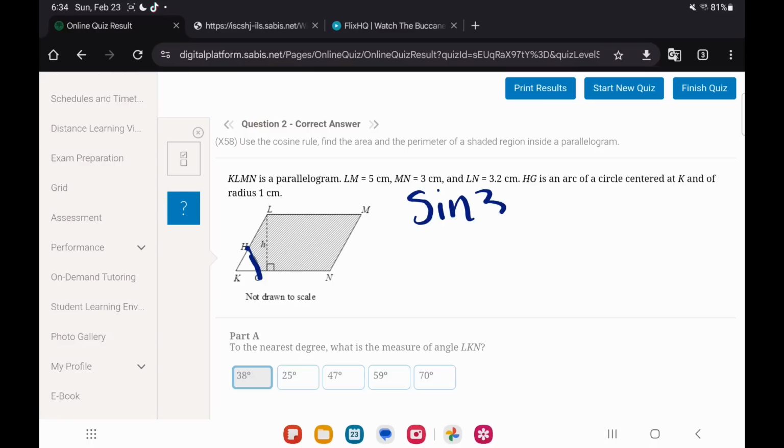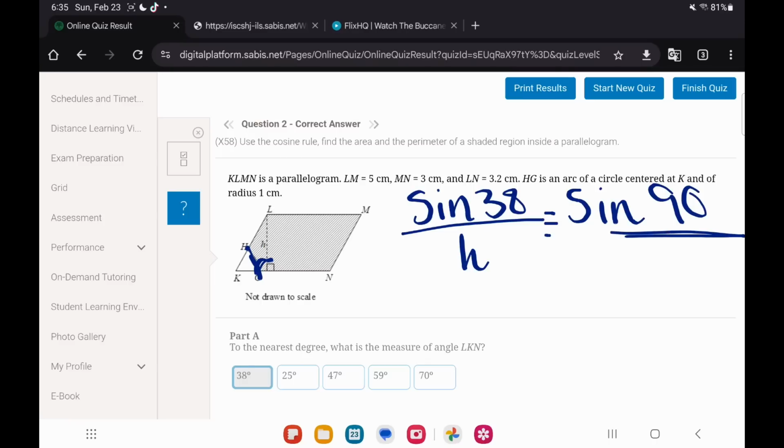So the sine of this angle, which is 38: sine 38 over h equals sine 90 over LK, which is 3.